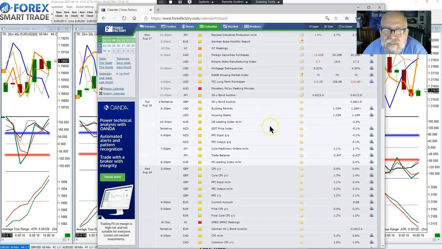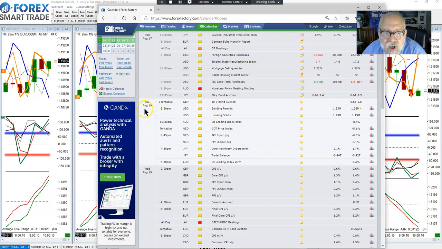Forex Factory gives us lists of potential news release items coming up during the day, and it categorizes it by low impact, which is kind of a yellow, medium impact, which is an orange, and high impact, which is a red. We want to stay away from trading currency pairs where there is a red announcement.